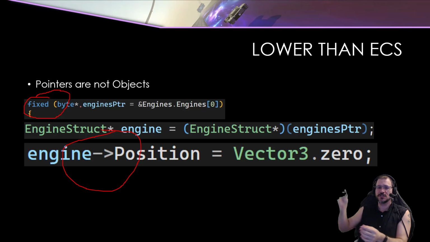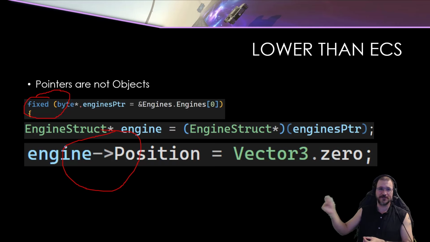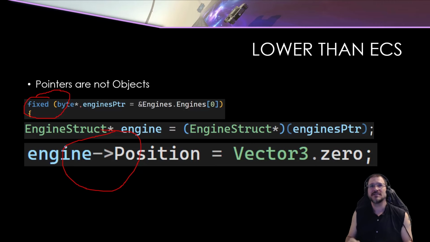It tells garbage collection, do not mess with this memory. Do not change it. We are working with pointers here and unsafe code. And so if you change this, you're going to screw up everything we're trying to do. And so it leaves it alone. And that's part of why garbage collection is unable to process things and make it operate as performantly as it could. It can't structure and organize the memory as well.